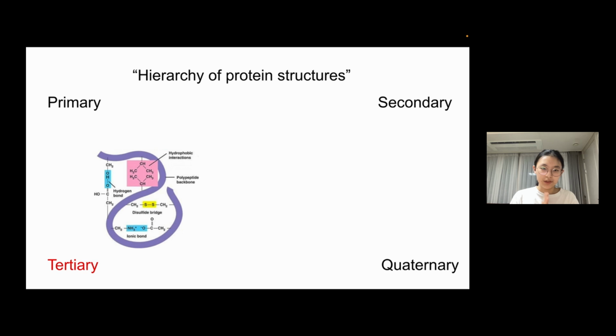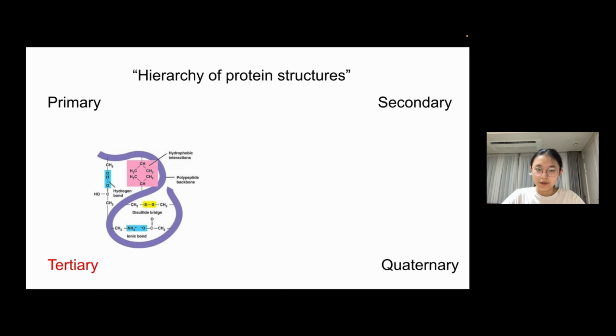Next, we have tertiary structures, and tertiary structures differ from secondary structures in the sense that although they only have one polypeptide chain, the types of bondings involved are slightly different. In secondary protein structures, we only have hydrogen bonds between the amine group and the carboxyl group, but in the case of tertiary, the groups involved in bonding are usually R groups.